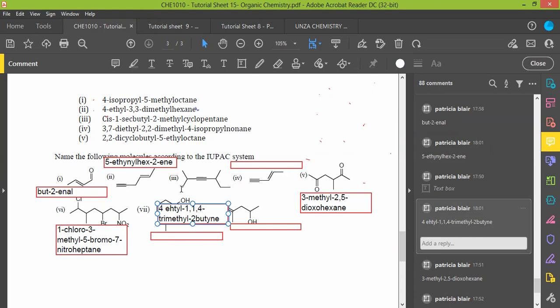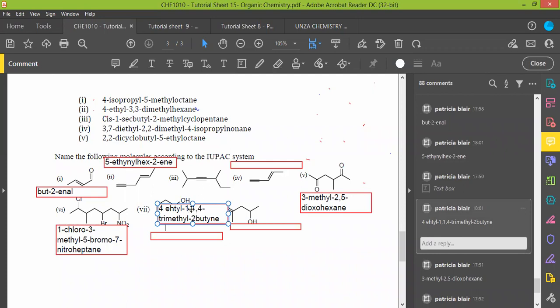So your counting needed to begin from here: 1, 2, 3, 4, 5, 6, 7. Counting from this end gives this particular functional group a high number. Counting from here gives it a lower number. So it's 1, 2, 3. That's why your group is 4, 5. So you have substituents on position 2 and 5.